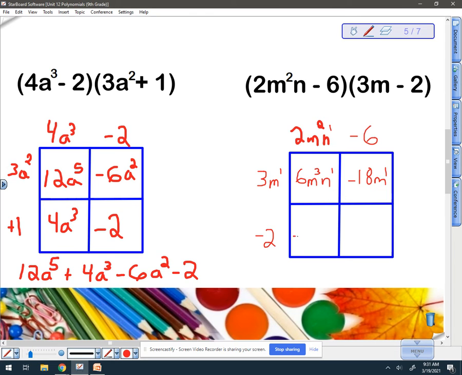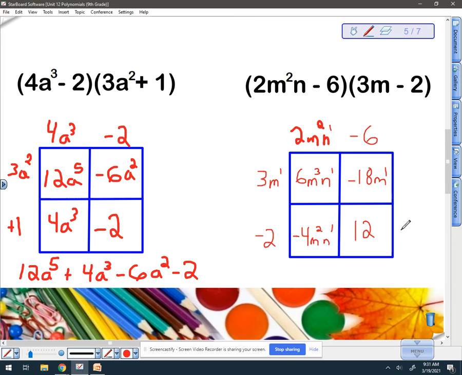A positive and a negative is a negative. 2 times 2 is 4. M and n, and there's not an m and n over here, so it just stays the same. So a 2 and a 1. And our last box, negative 2 times negative 6. A negative and a negative is a positive, and 6 times 2 is 12. So that fills in the boxes.